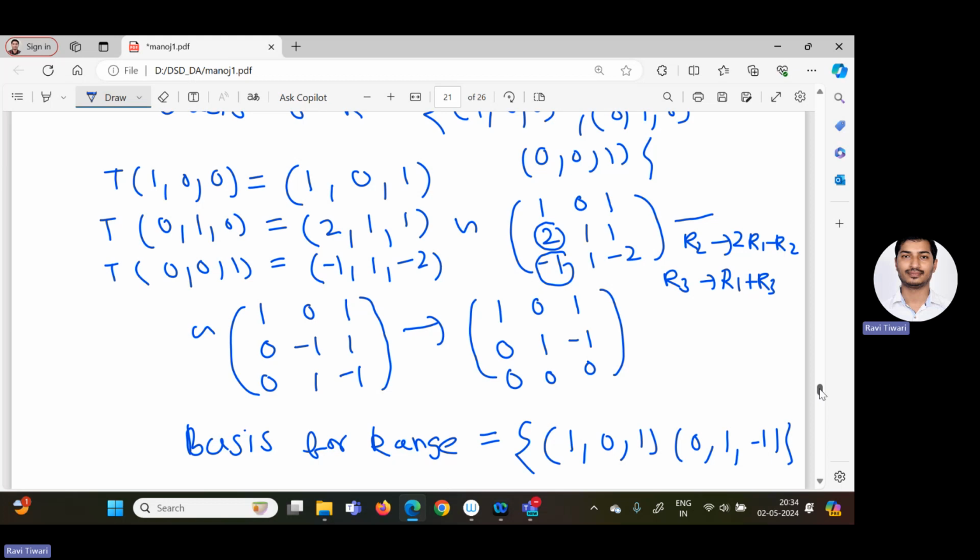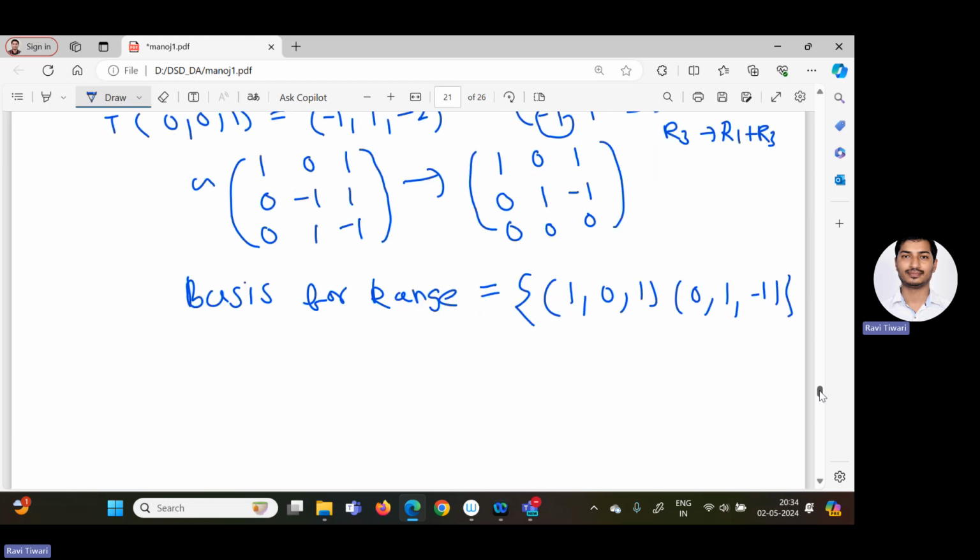In that case, you need not consider the standard basis. If they give you some other basis like (1, 1, 2), (1, 0, 1), (2, 0, 3), then we have to calculate the image of the given basis through the linear transformation. In that case, the standard basis cannot be considered. Keep this in mind, and if you are asked to calculate the dimension, the number of elements in the basis is known as the dimension.